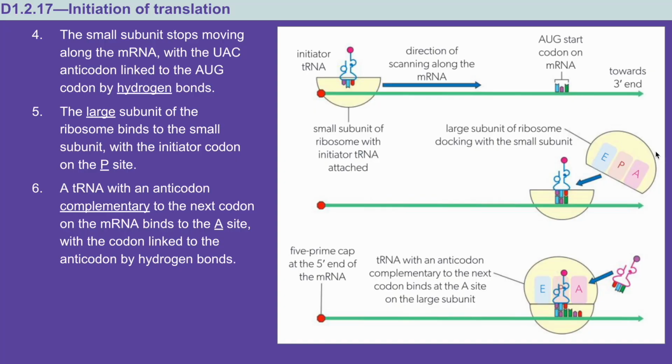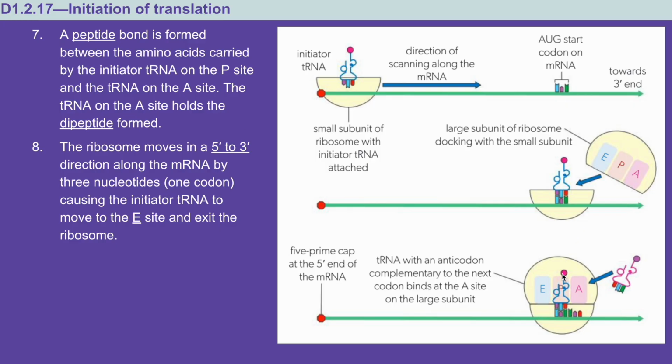Then we have the arrival of the large subunit. It's going to bind to the small subunit with the initiator codon right here in the P site. And then we pick up where we talked about before. A tRNA now with an anticodon that's complementary to the next codon is going to enter the A site. The anticodon will complementary base pair with the codon, forming those hydrogen bonds, and we continue the process.